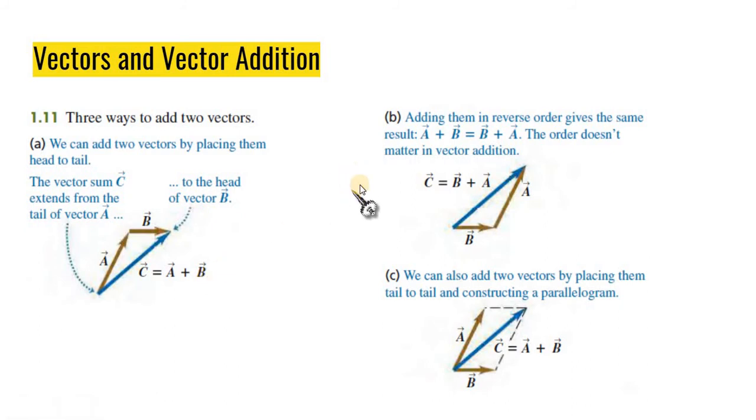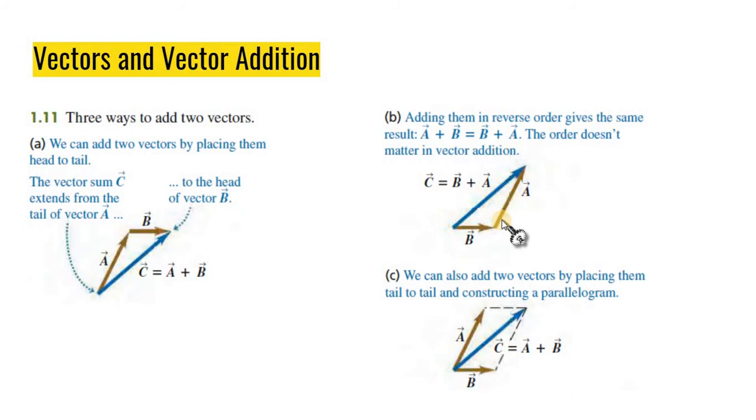Okay, in another situation, look here at figure B. Adding them in reverse order gives the same result. So vector A is placed above vector B, from the head of vector B to the tail of vector A. So vector B is connected to A head to tail.